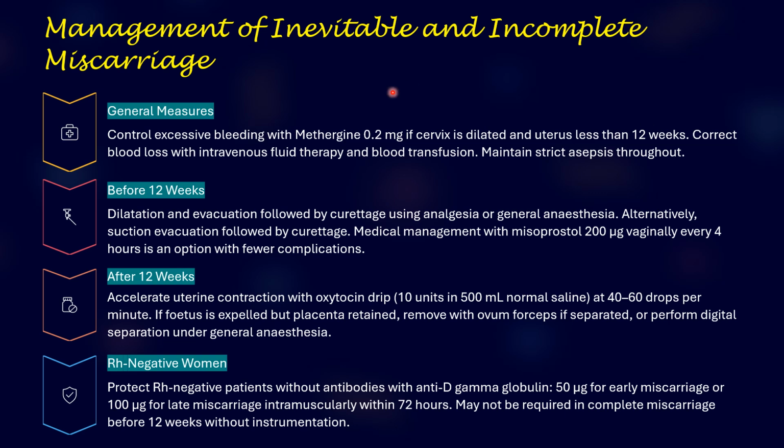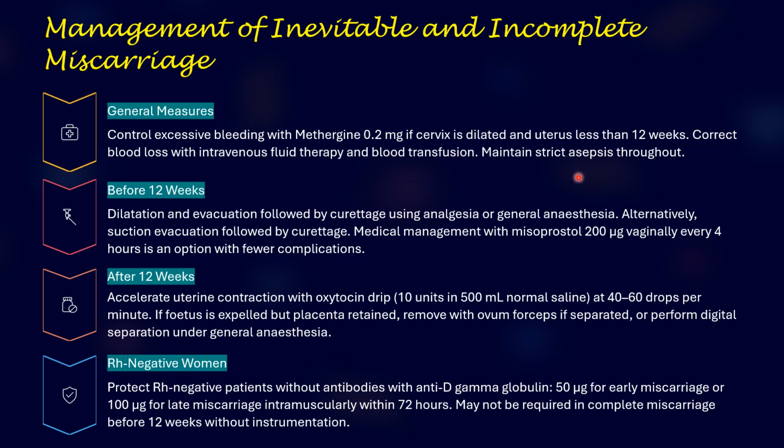So now let's see the management of inevitable and incomplete miscarriage. Okay, so the general measures: control excessive bleeding with methergine, which is a uterotonic drug, 0.2 mg if the cervix is dilated and uterus less than 12 weeks. Correct blood loss with intravenous fluid therapy and blood transfusion.